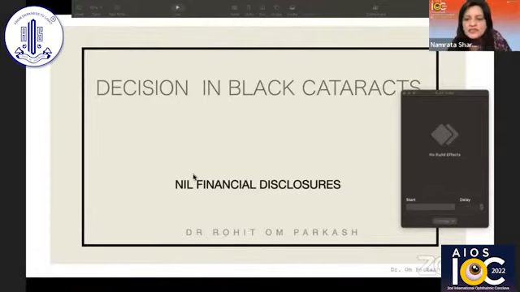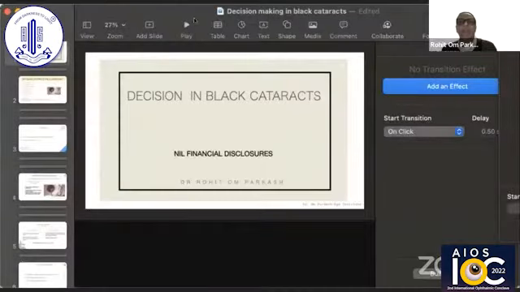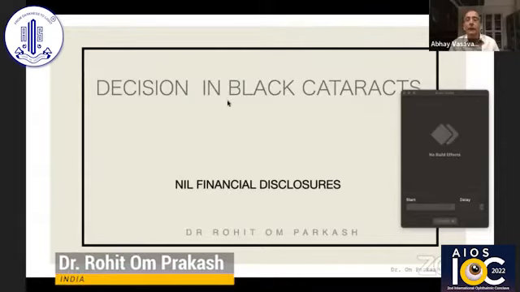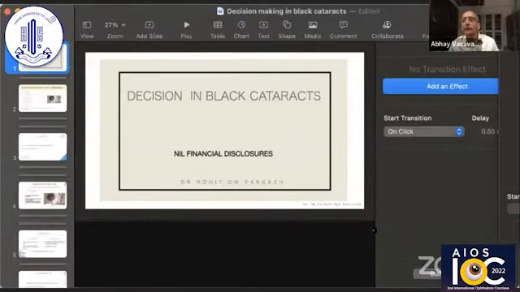There is Rohit, there's a small box, black box, which is coming on the right side. So can you unshare and share again? Yeah, stop sharing. Exit. Just give me a second. Is it okay now? No, still coming. It's a black box in the black cataract, so that will be fine.